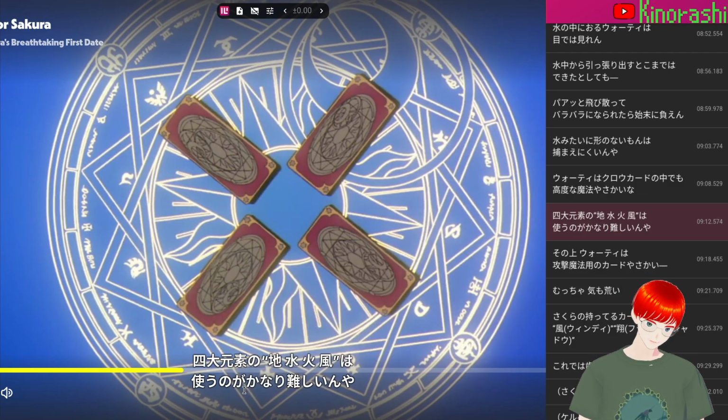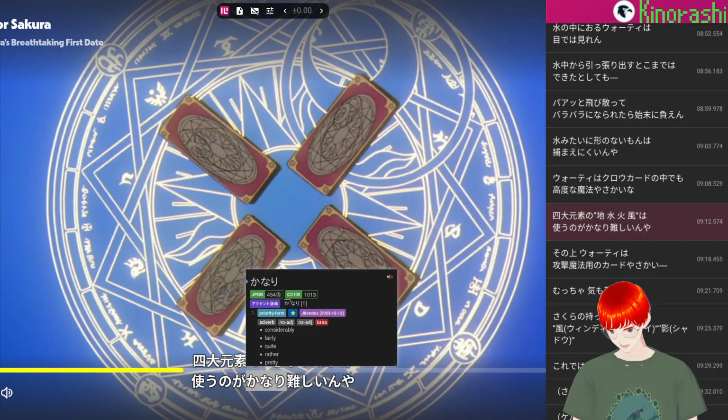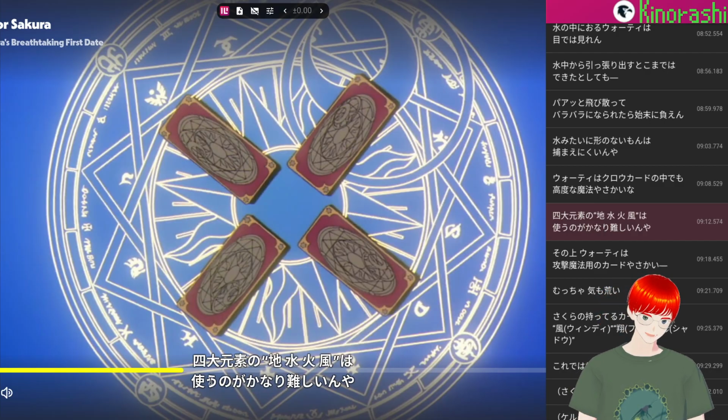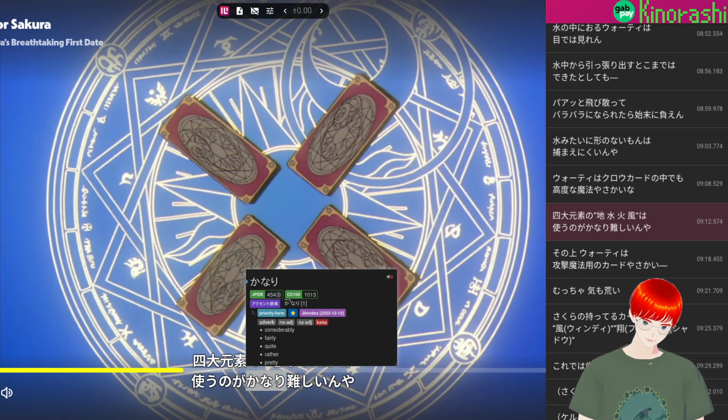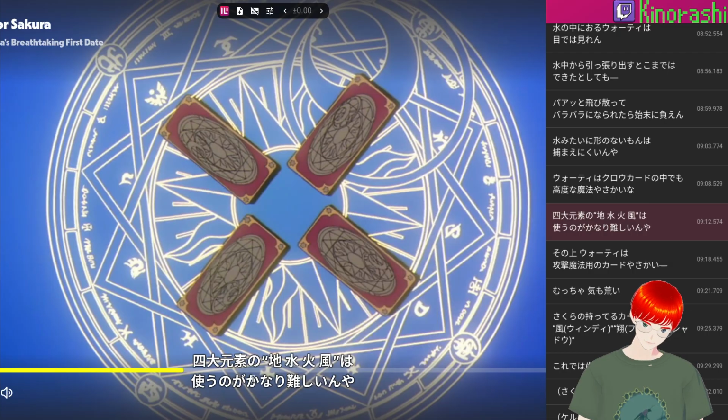Oh, tsukau no ga. That's right. Tsukau no ga kanari. So, yeah, we're talking about making. So, as for making, or no, as for the four classical elements, making, and then kanari, considerably, fairly, muzukashiinya.